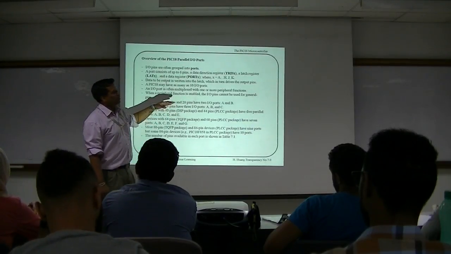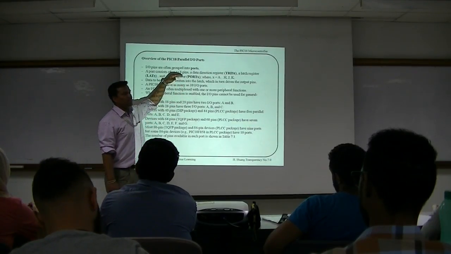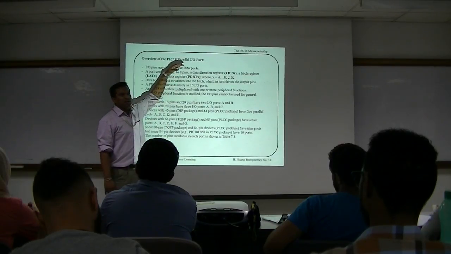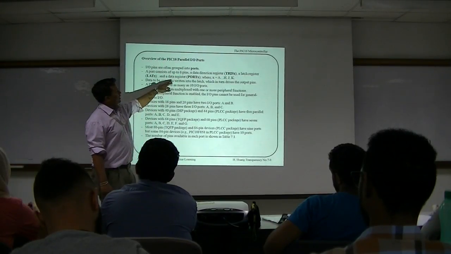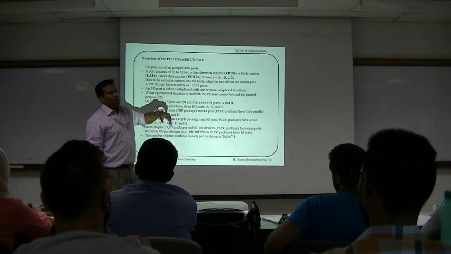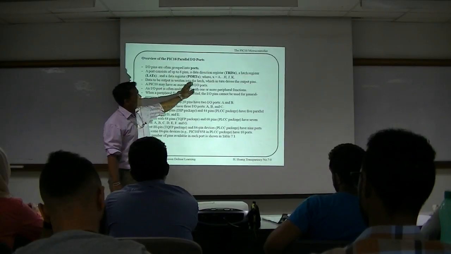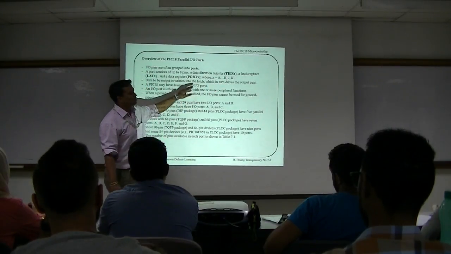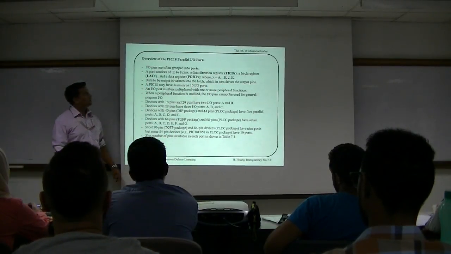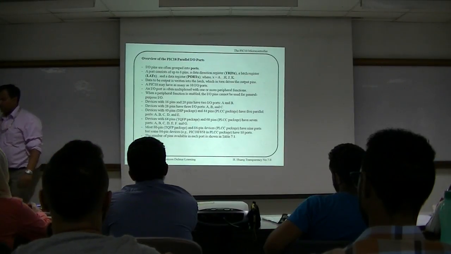To output, the CPU loads the value into the data register and from the data register it is sent out to the output pins. So these are the ports. In our application, we won't be using the latch register much. We will be using the data direction register and the port. So port means like this, as I showed you.